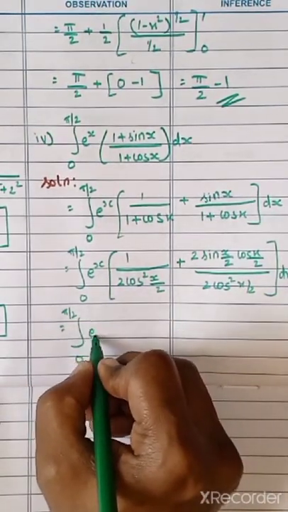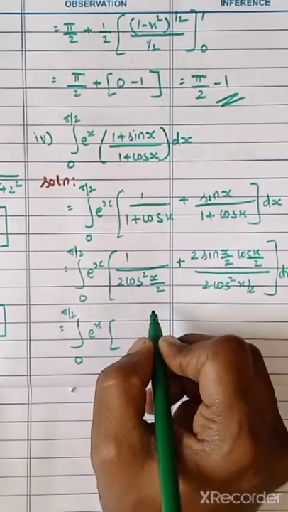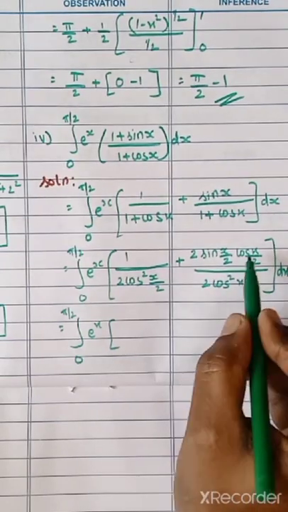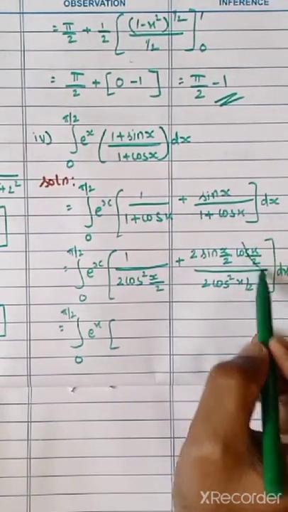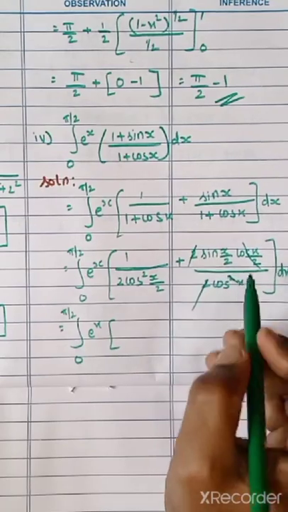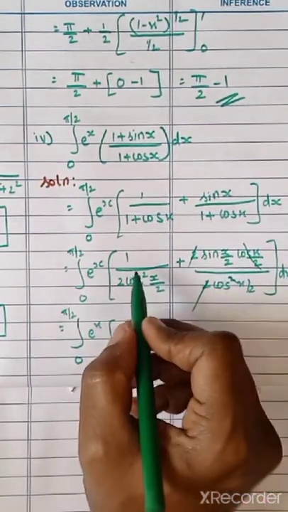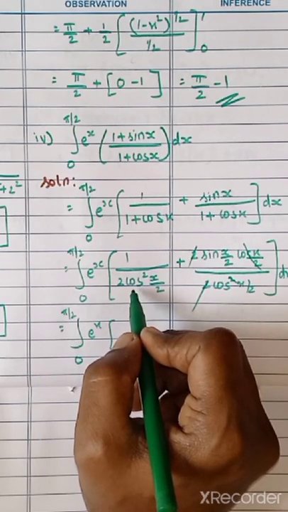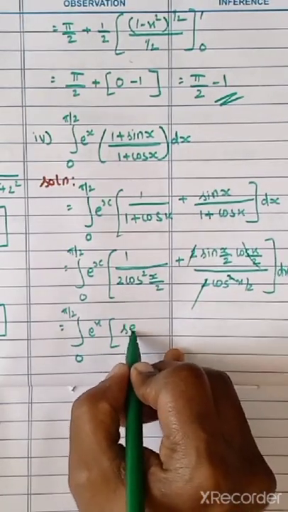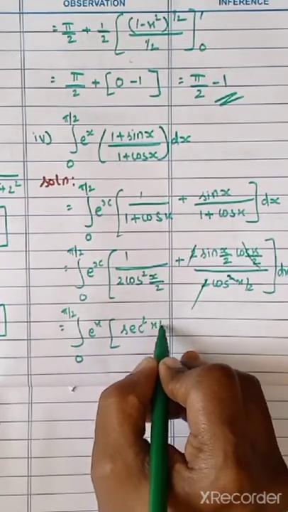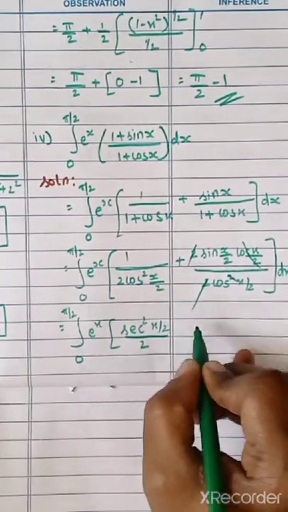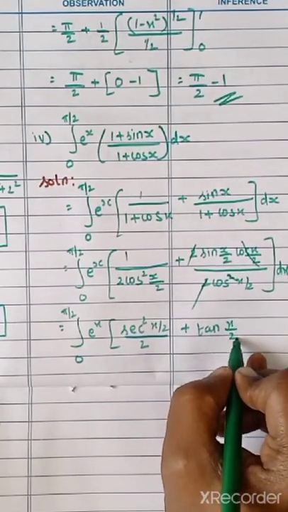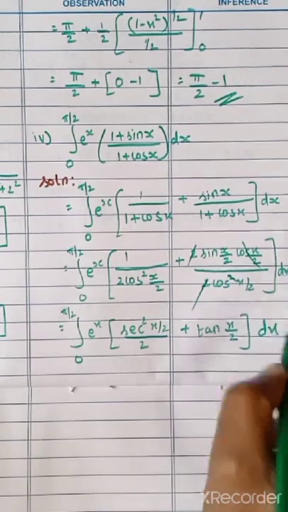This we can take as: 1 cos and the square will get cancelled, 2 will get cancelled. So sin by cos is tan, correct? And 1 by cos square is secant square. So here we can write secant square x by 2, this 2 remains as it is, plus sin by cos is tan, so tan x by 2 into dx.